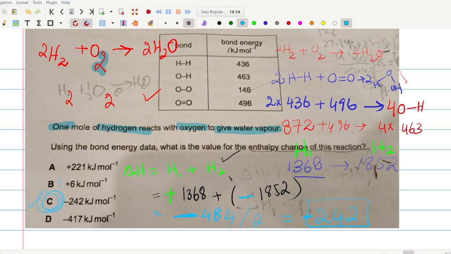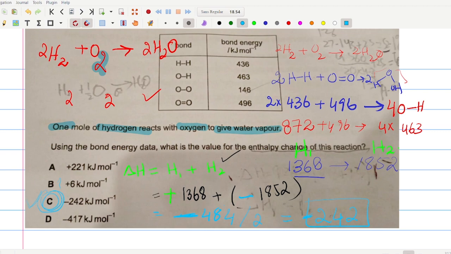I hope you have learned it very well. If you have any queries, send them to me. This is in the case of enthalpy change of reaction, when you are finding the overall enthalpy change of the reaction. So we will take the product as minus.